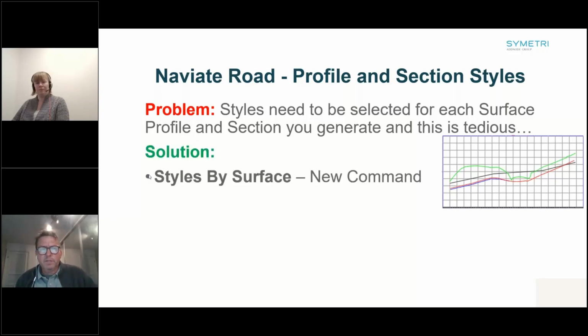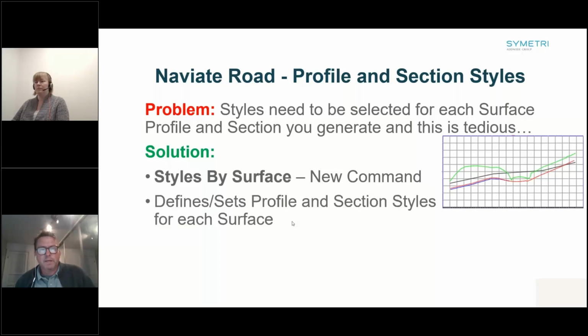So we got this question, so we started to create a new command. The solution to this is Style by Surface, a new command here. It means we need to set up which colors and which styles for each profile and section or surface. So we have a tool that defines the profile and section style for each surface.